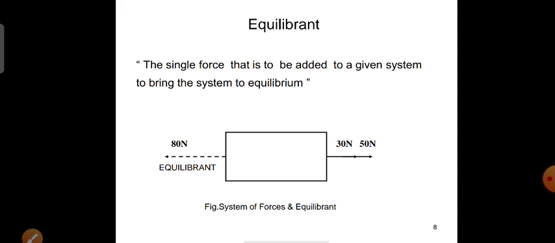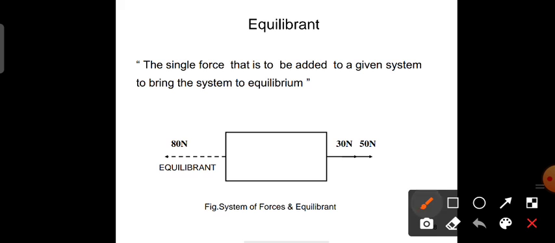The resultant of these two forces is 80 Newton because they are collinear forces.